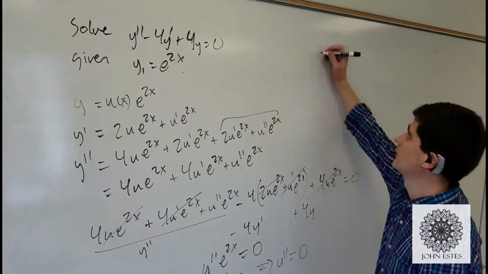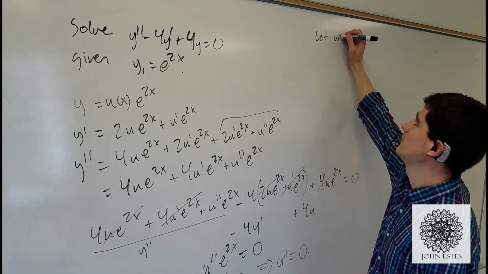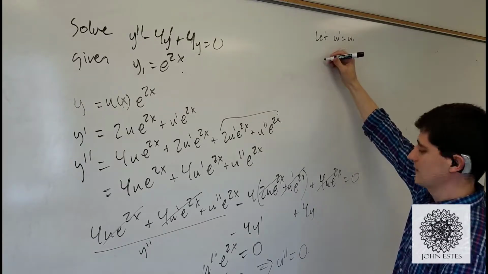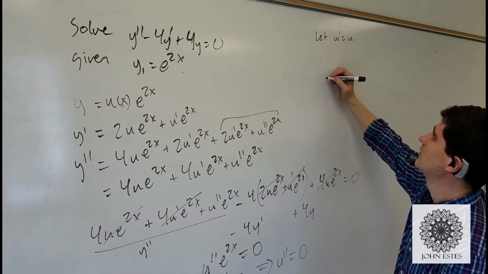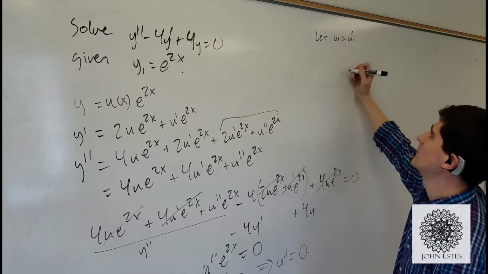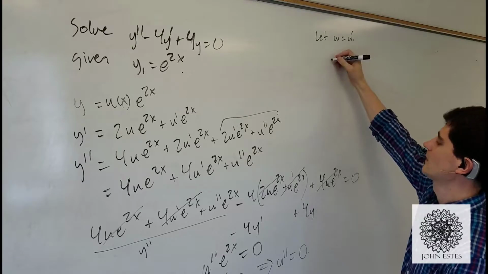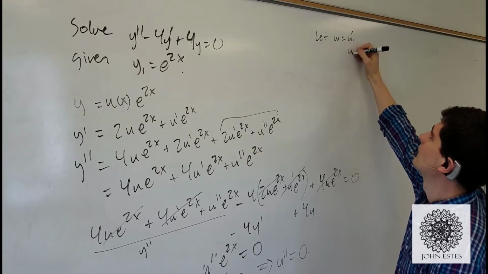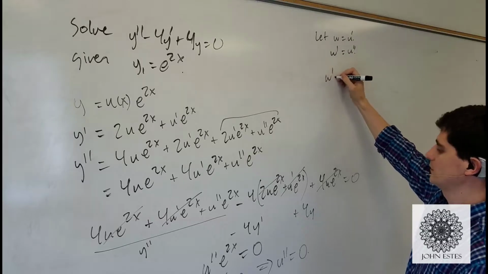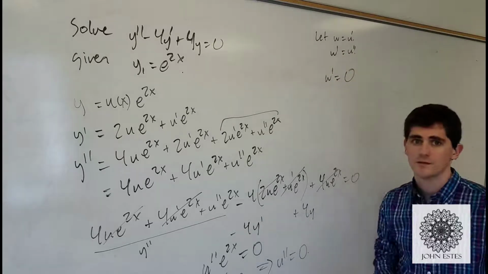From here, we're going to do a substitution. I'm going to let w be u prime. If that's the case, then u double prime is w prime. So my equation then is actually w prime equals 0.